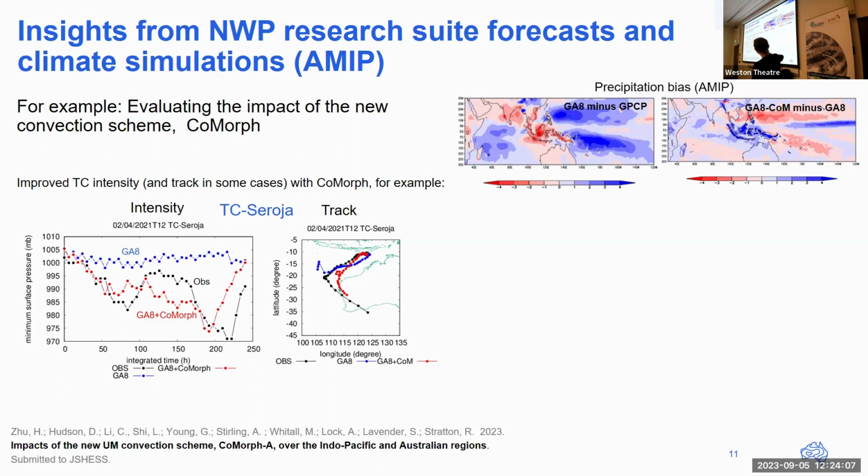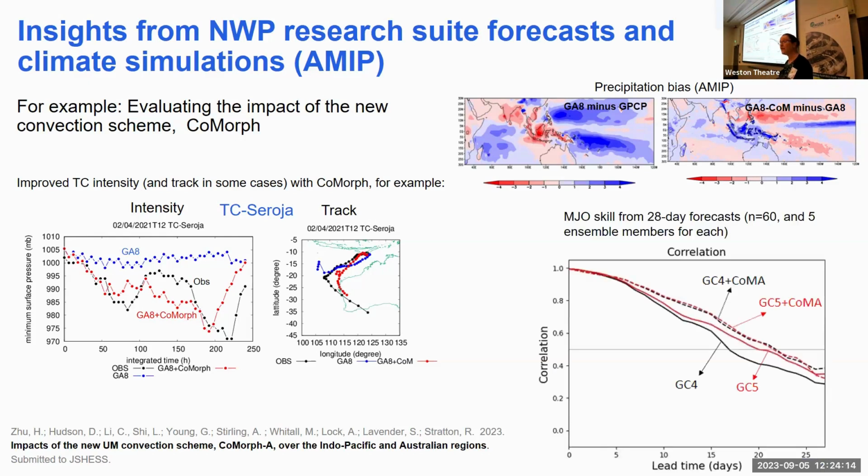And the red track with CoMorph gets that southeastern extratropical transition. And then the other thing we can look at, for example, is things like the MJO. How well can it actually forecast the MJO? And we've used that test bed again to do that and looked at what the impact is on forecast skill for the MJO.